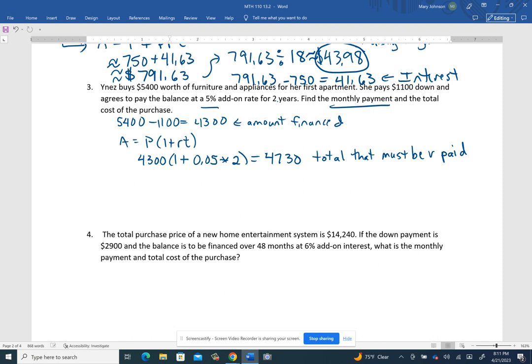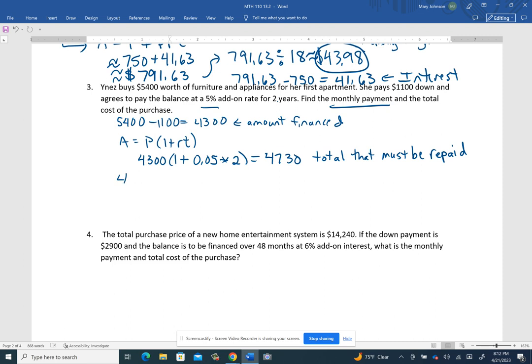Okay, the total I would have to repay. So I borrowed 4,300, and then I have to pay a little bit of interest on that. And this calculates the interest and goes ahead and adds it back. Okay. All right. I did figure that out. I needed that because I have to figure out how much I have to pay every month.